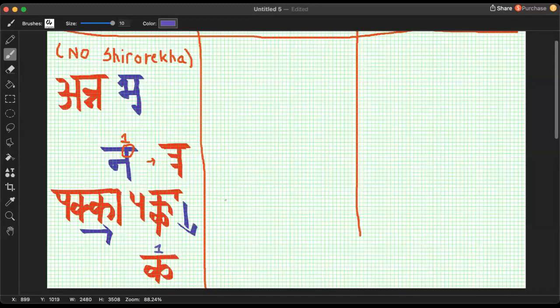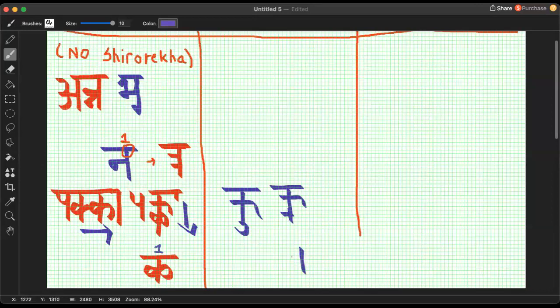So when you're writing any conjunct for ka, the top portion of ka will always remain half. This is the rule. Whether you want to write u matra right below ka, or any other matra, ka will take half.